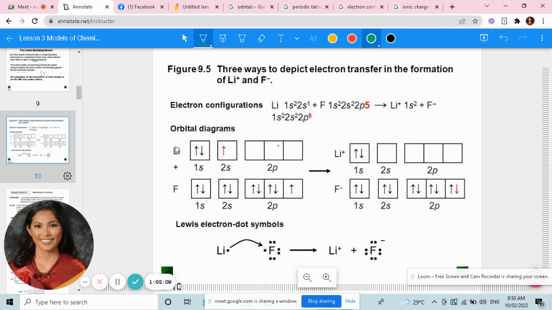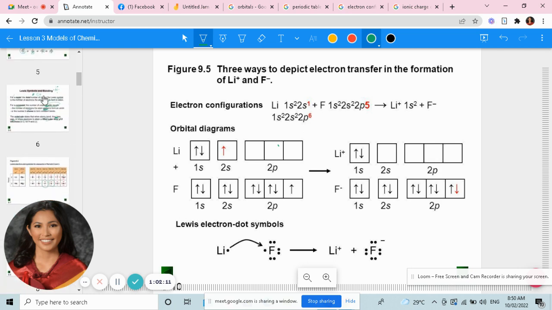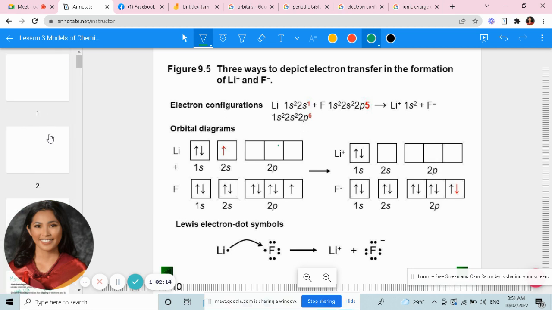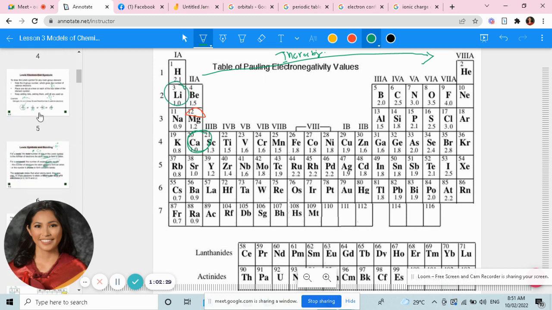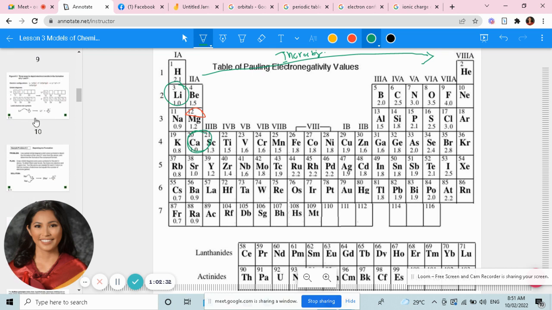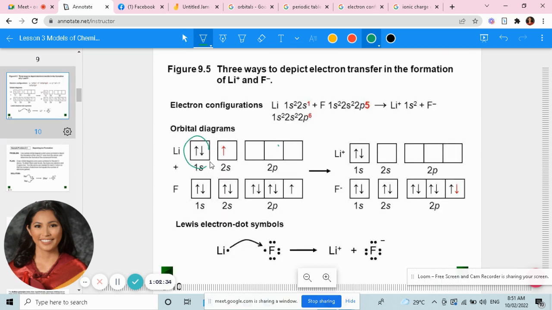Lithium has how many electrons in total? 3. Now, how many valence electrons? 1, only 1.